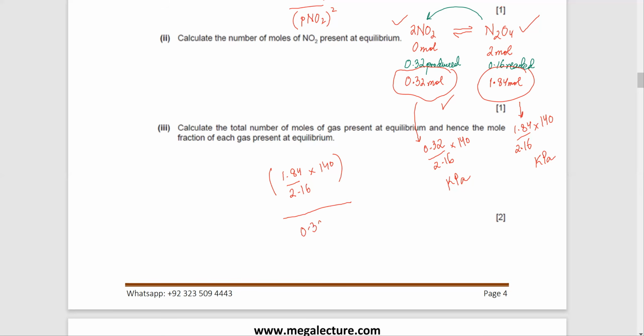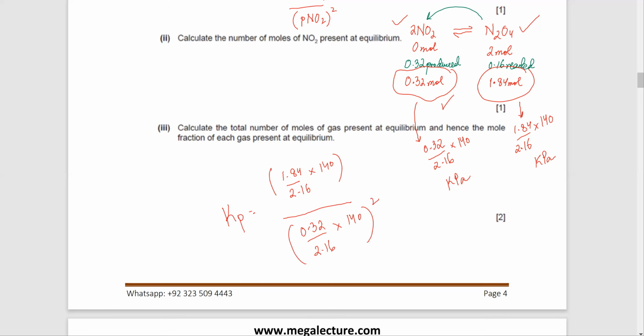So it's 0.32 divided by 2.16 into 140, and this entire thing has to be squared. Okay. And that's your value for Kp.